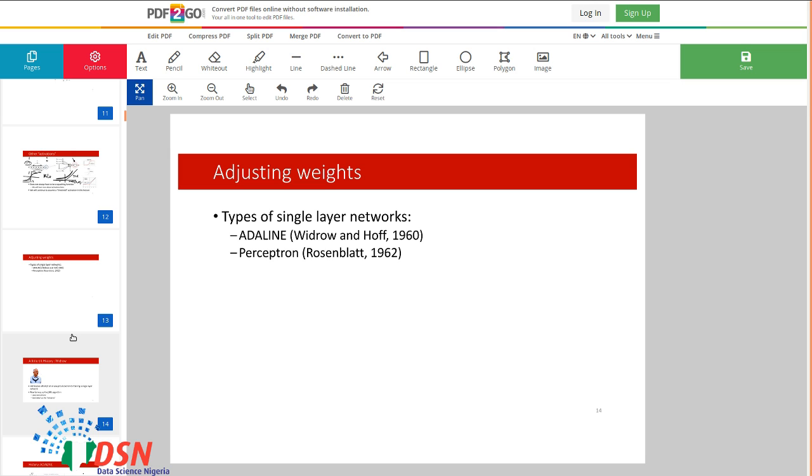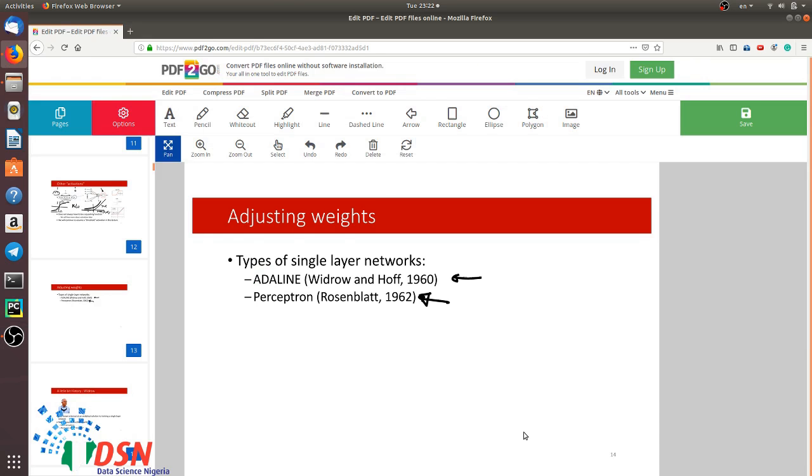To adjust the weights of the neural networks, there is a lot of history about that, and lots of different kinds of networks were introduced to change the weights and train the network.